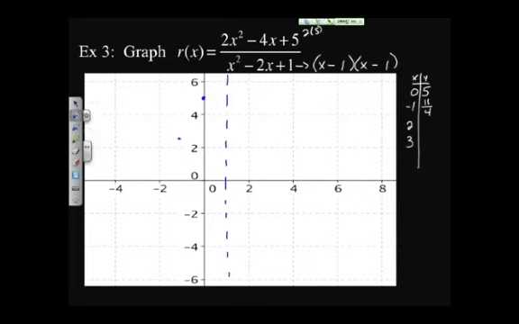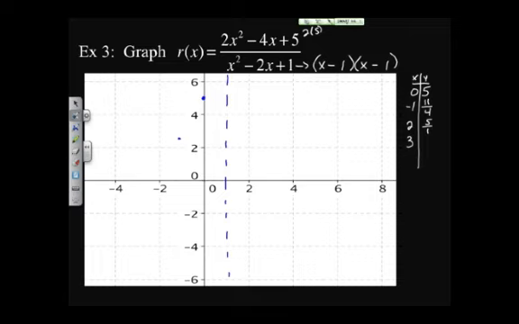If we put in a 2, that would be 8 minus 8 plus 5. That's going to be 5 on the top. On the bottom, it's going to be 1. So that's just 5. You're going to have 4 minus 4 plus 1.